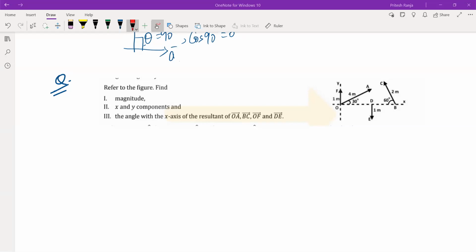Most of you have marked yes in the poll. Yes, others, you can tell me the answer for this one.